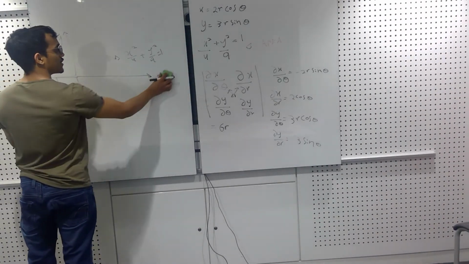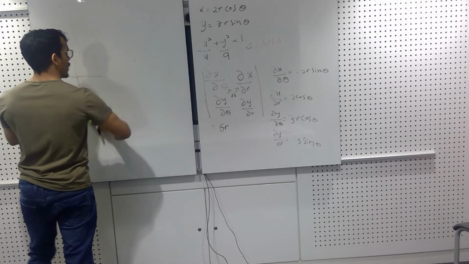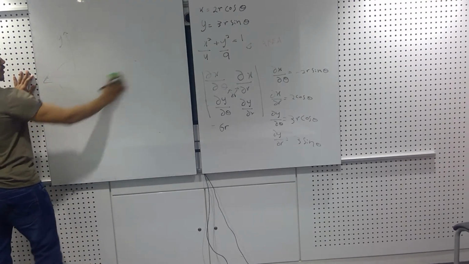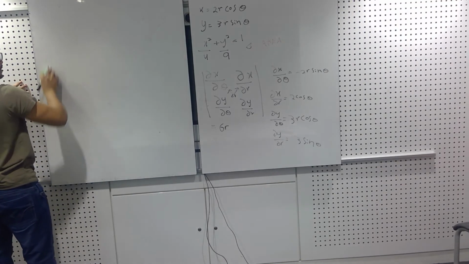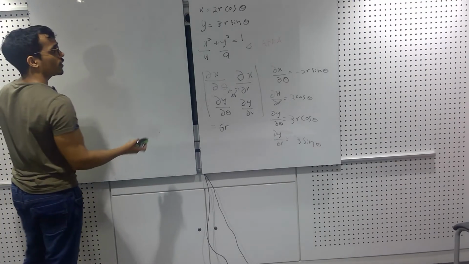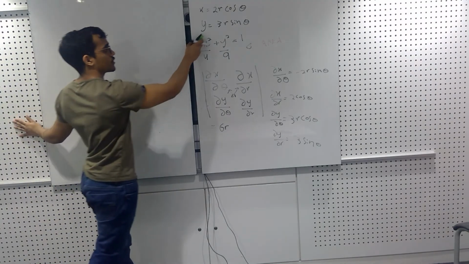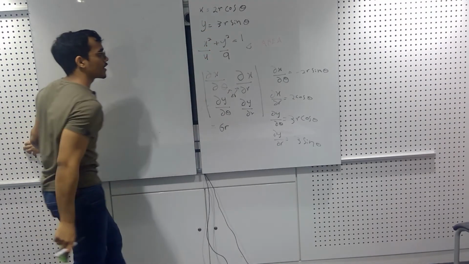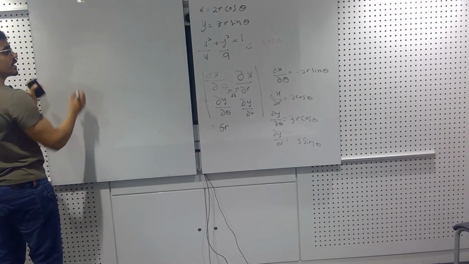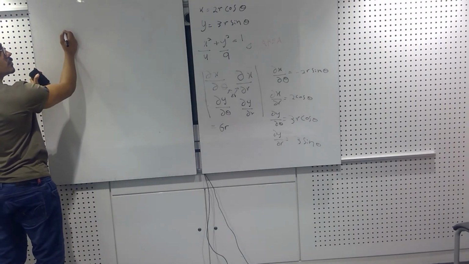The second thing is you have to change the boundaries. Right now in the old coordinate system, the structure used to be an ellipse, and once you plug in the x values as a function of r and theta, and the y values as a function of r and theta, you will get that. So we will work it together.